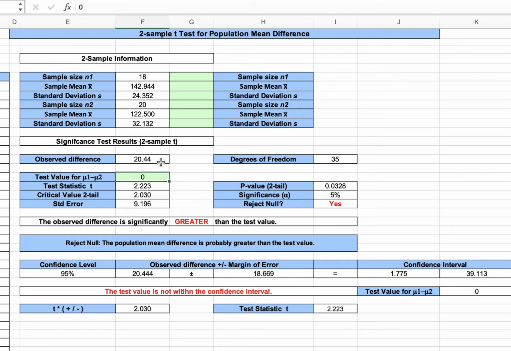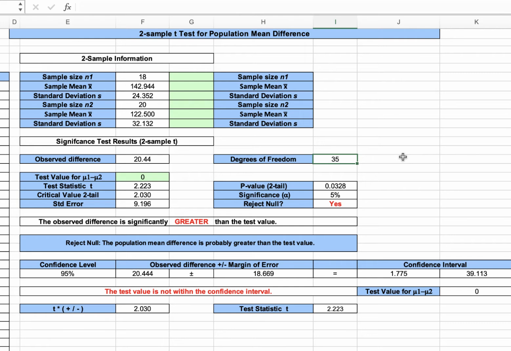And we find that 20.44 is actually 2.22 standard errors above 0, which produces a two-tailed p-value of 0.0328. Remember, our degrees of freedom for the 2-sample t are determined by the spreadsheet or any statistical software that we use.